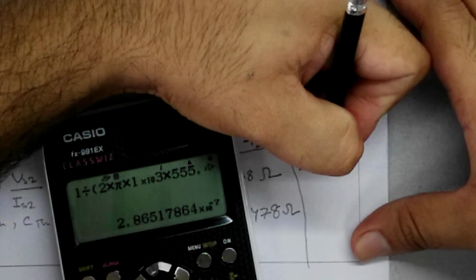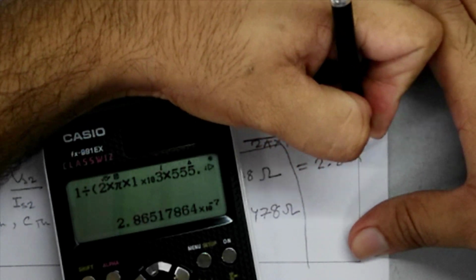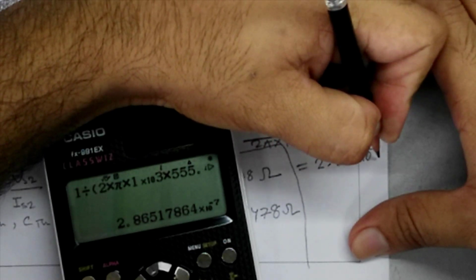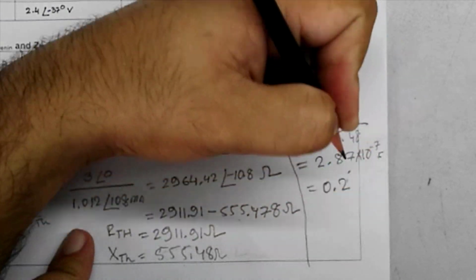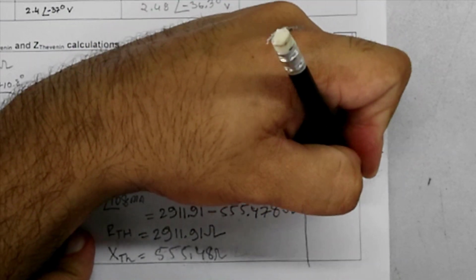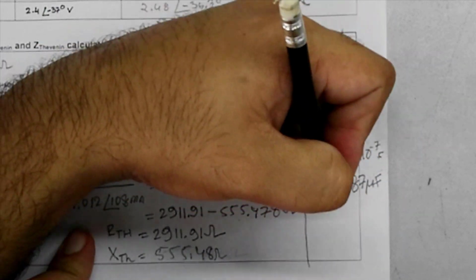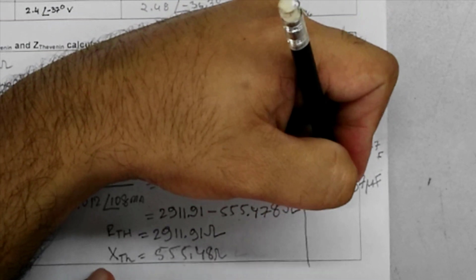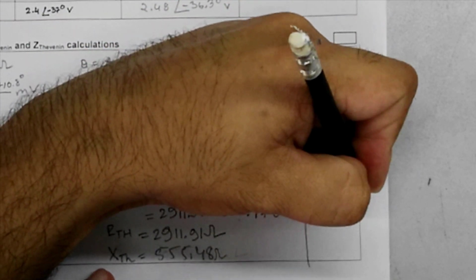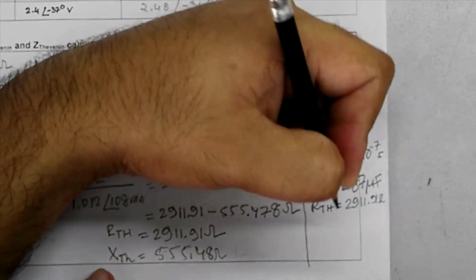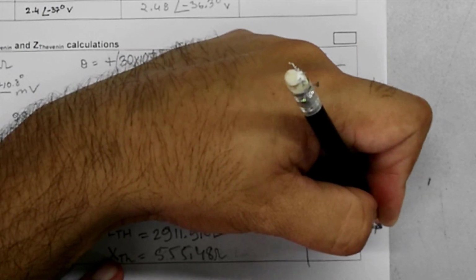It's 2.87 into 10 to the power minus 7 farad, which we can write as 0.287 microfarad. So this is our CTH. So RTH is 2911.91 ohms and CTH is 0.287 microfarad.